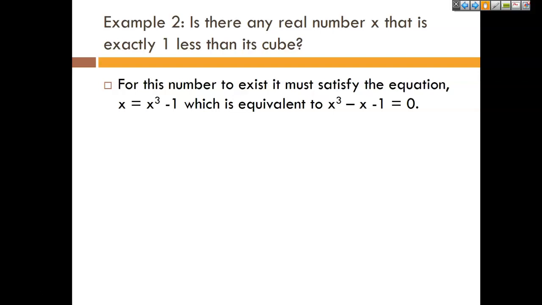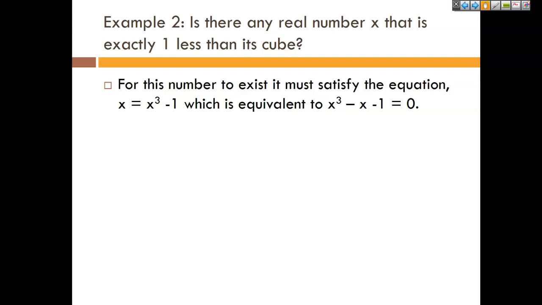All right, so what you want to do in this example is think about the function itself. So you have x equals x cubed minus 1, and what we could do is set that equal to 0. That gives 0 equals x cubed minus x minus 1.